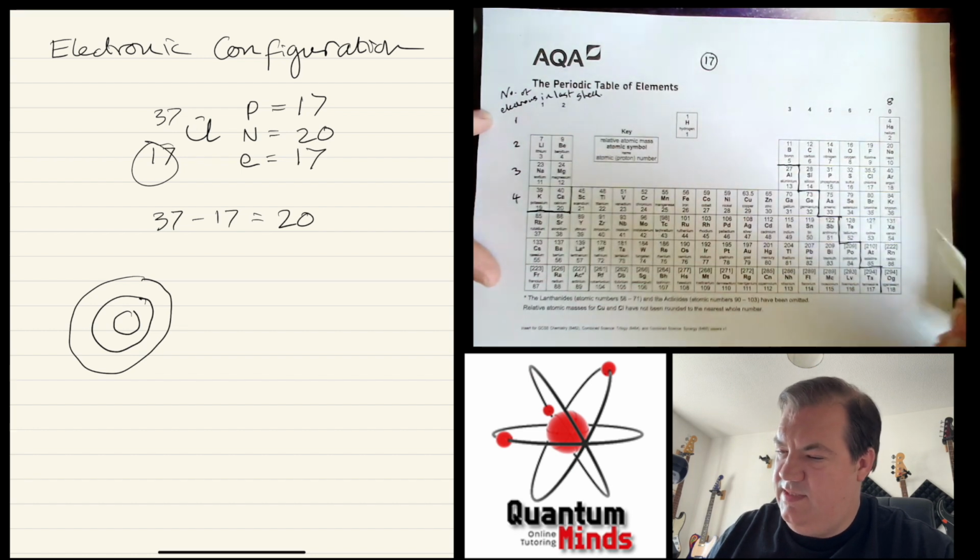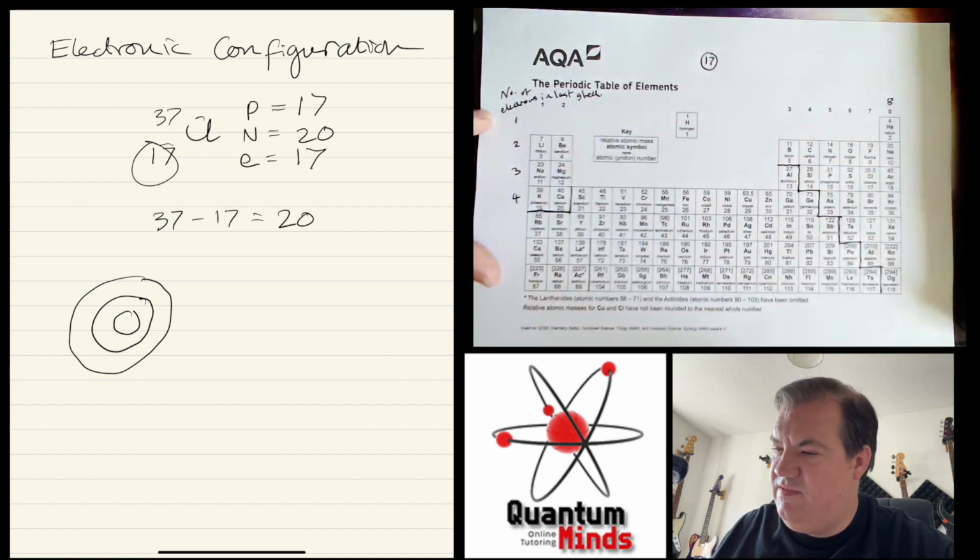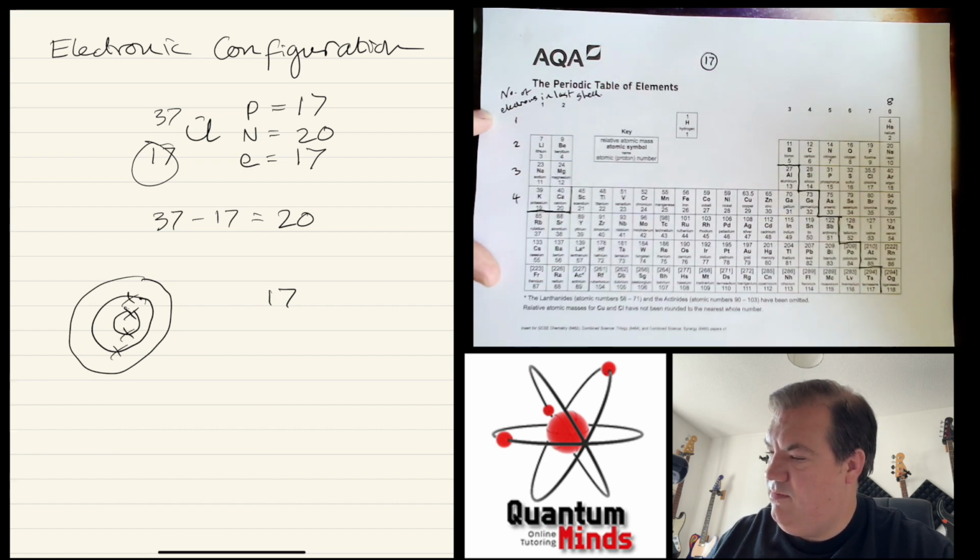And then, as we can see, it's in group 7, so it's going to have 7 in the last shell. So we need 17 in total. So I go north, south, because the first shell can only hold 2, and then north, south, east, west, north, south, east, west, and then that is now 10 in total.